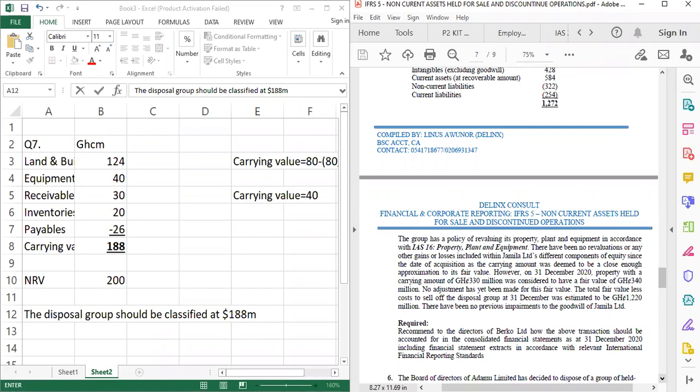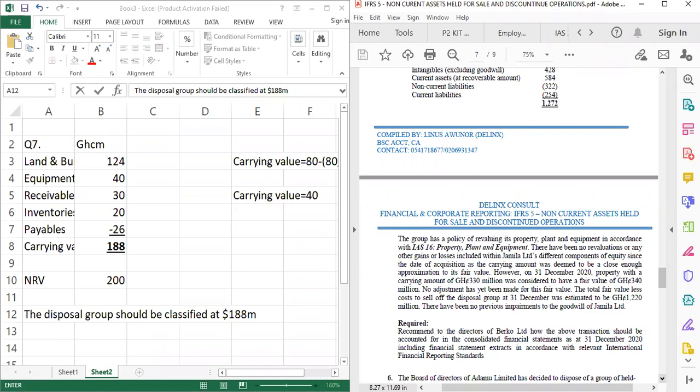The total fair value less cost to sell of the disposal group at 31st December was estimated to be 1,220 million. There have been no previous impairments to the goodwill of Jamila Limited. Recommend to the directors of Beko Limited how the above transaction should be accounted for in the consolidated financial statements as of 31st December 2020, including financial statement extracts, in accordance with relevant international financial reporting standards.